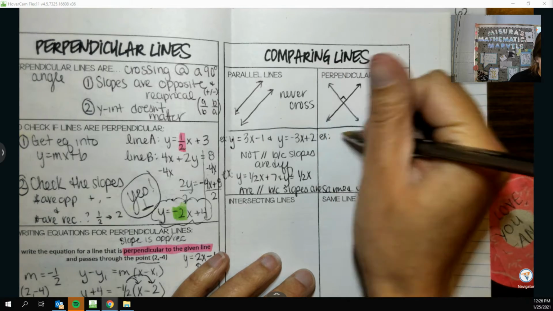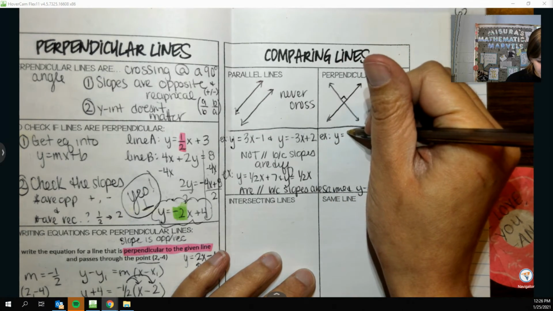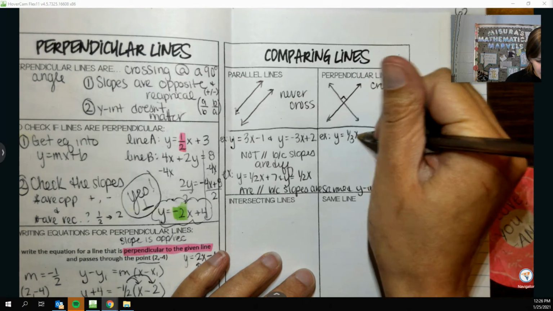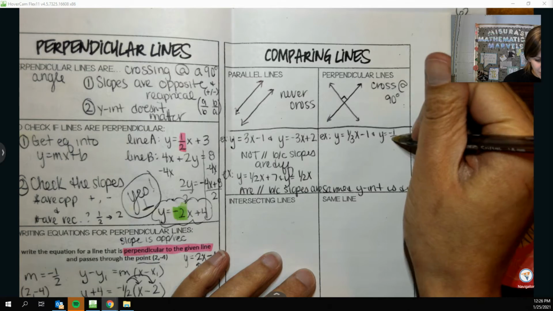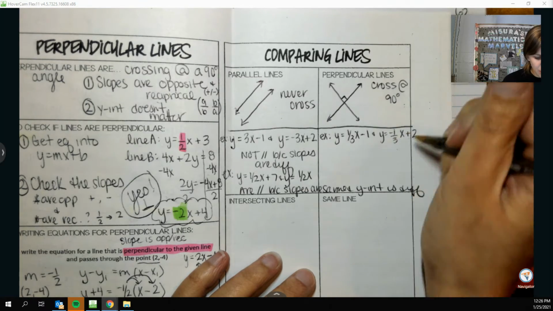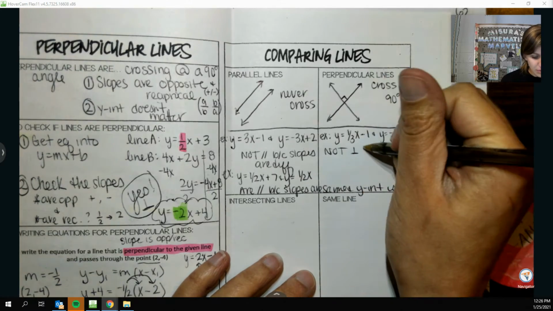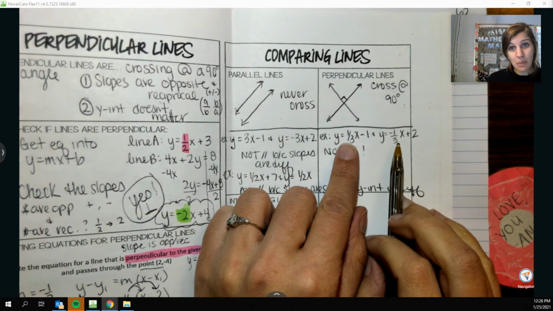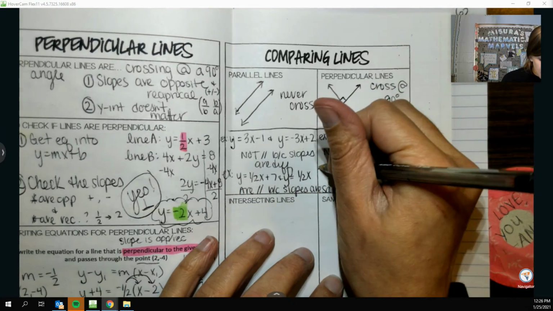So for example, if I had y equals 1/3 x minus 1, and y equals negative 1/3 x plus 2, those are not perpendicular because their slopes are opposite, but they're not reciprocal.